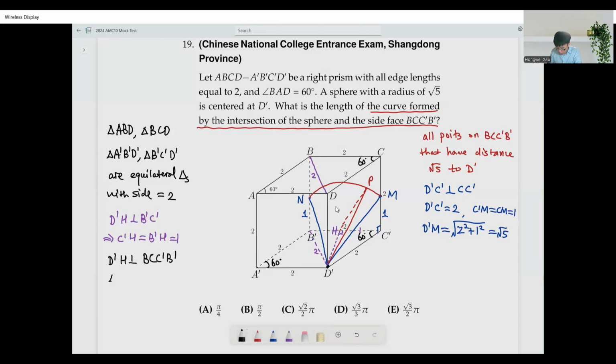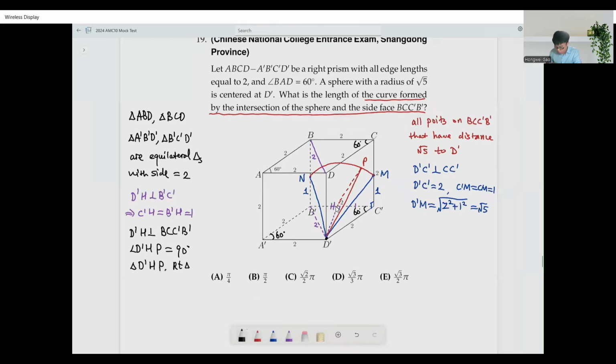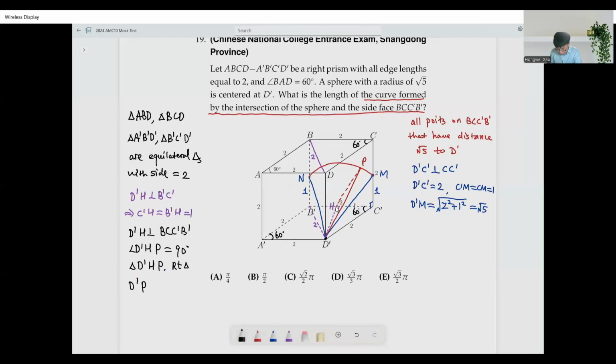So that means angle D'HP is always 90 degrees, so triangle D'HP is a right triangle. And we know the radius D'P is root 5. And we know D'H is root 3 as the height of the equilateral triangle with side length 2. Because C'H is 1, C'D' is 2, so D'H must be equal to root 3 here.